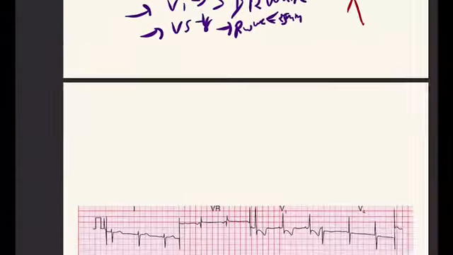Now let's talk about the abnormalities associated with the QRS complex. Now we will be talking about why the width of the QRS complex is increased.